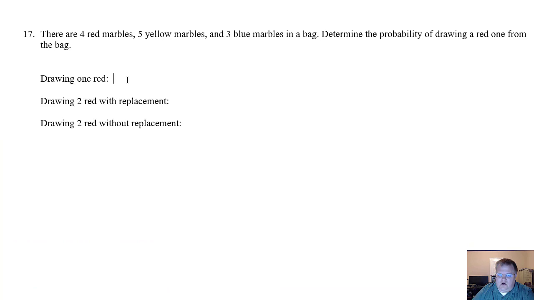All right, so drawing 1 red. Well, how many reds are there? There are 4, and I don't really care which one of the 4 I get, but they're 4 out of, and we actually didn't calculate the total, so I want to do that at some point, figure out what 4, 5, and 3 happen to be. So 4 out of 12.